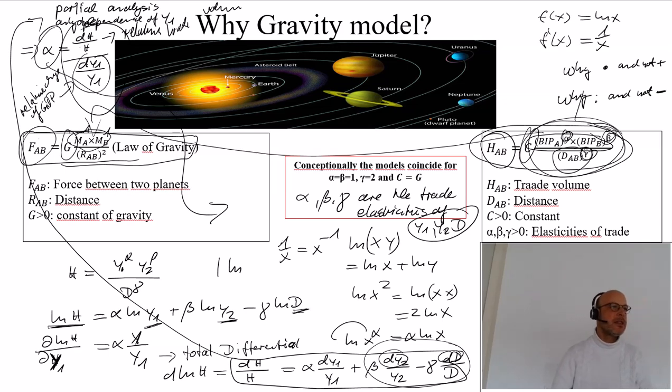The reason is that when we look at the trade volume between a very large country and a very small country, if we took the sum, the overall sum would more or less still be the size of the very large country. Nothing would change.